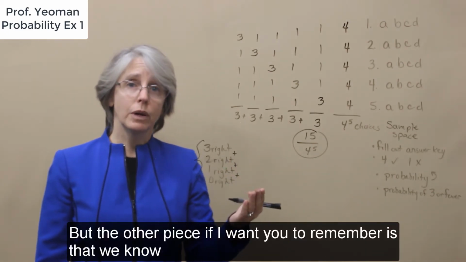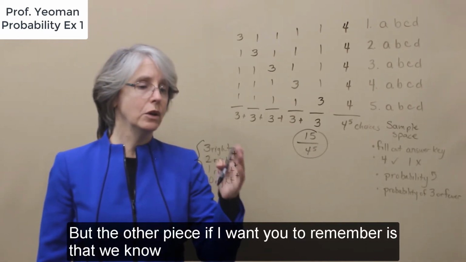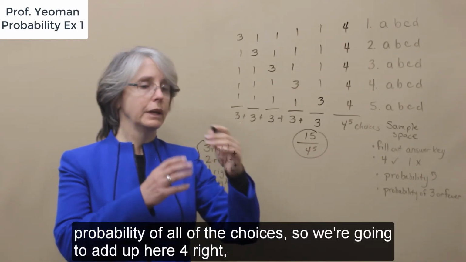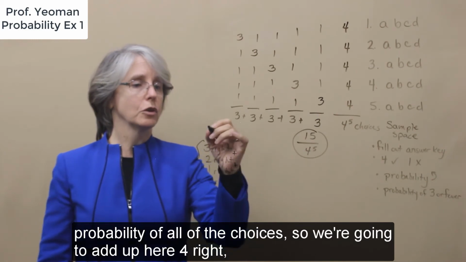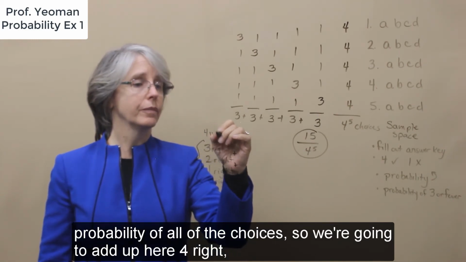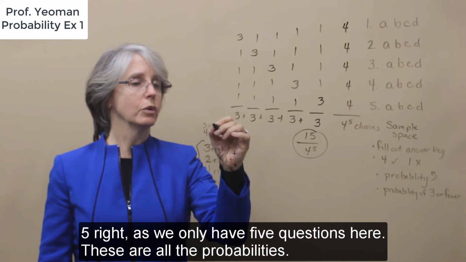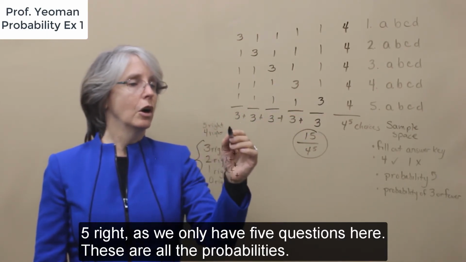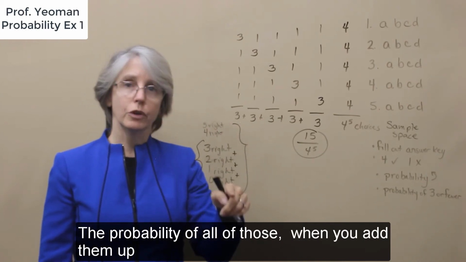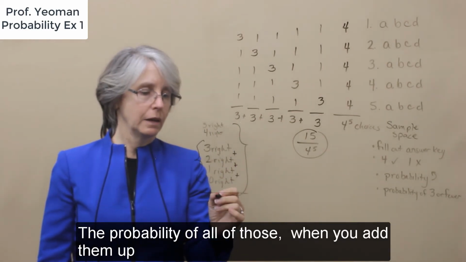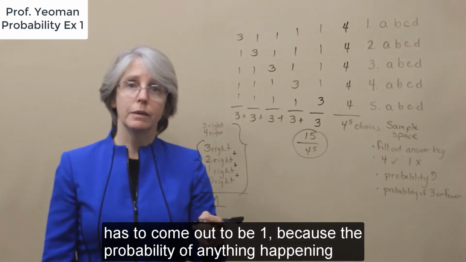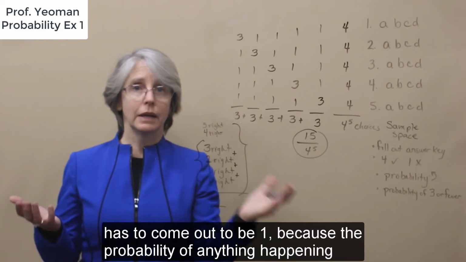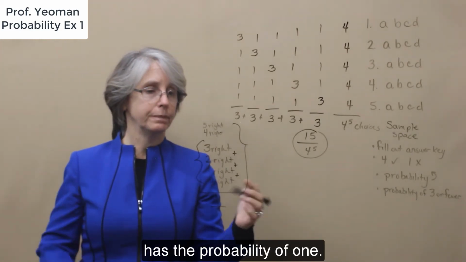But the other piece that I want you to remember is that we know that if you take the probability of all of the choices, so we're going to add up here 4 right or 5 right, because we only have 5 questions here. These are all the probabilities. The probability of all of those, when you add them up, has to come out to be 1, because the probability of anything happening is a probability of 1.